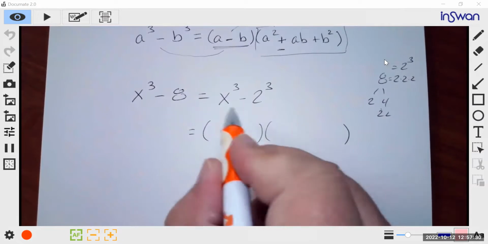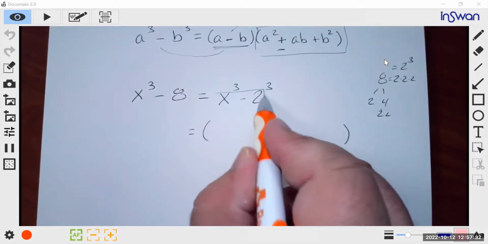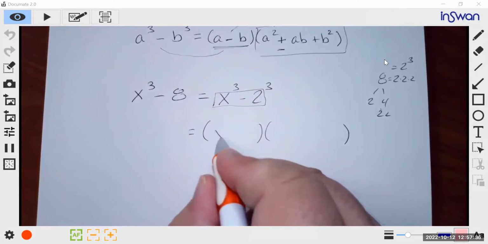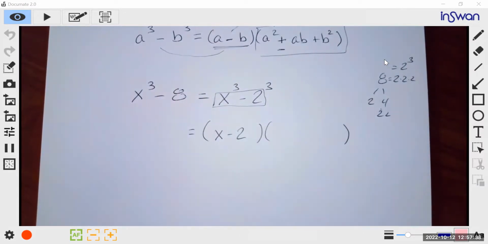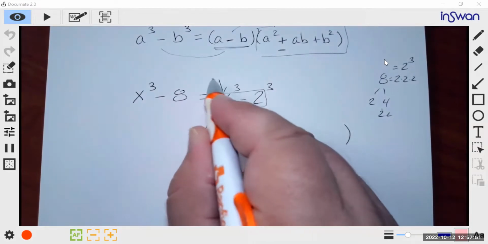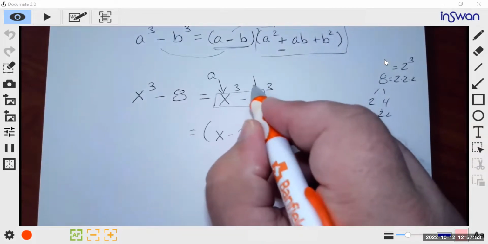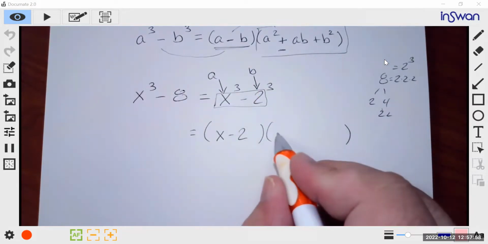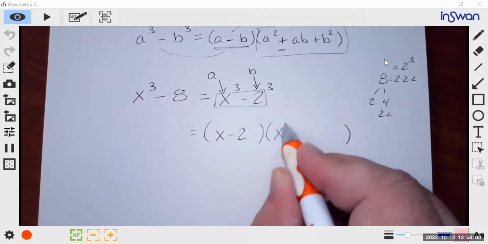So in the first parenthesis, it's just whatever's under the cubes. So it's x, in this case, minus 2. Remember, this number here is A, and that is B. So remember, it's A squared, so it's x squared.